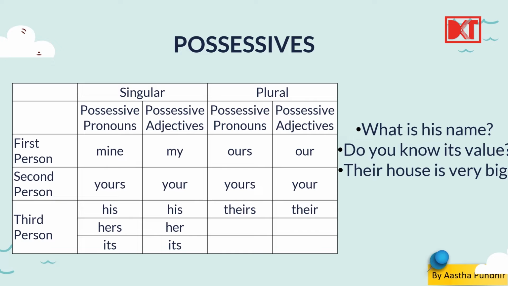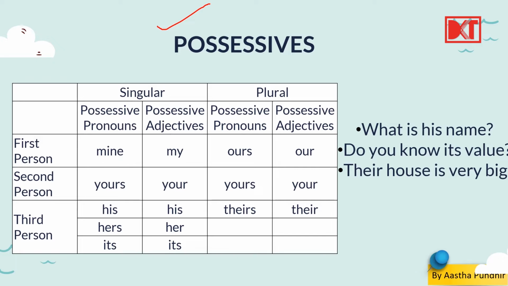So we also have possessives. Possessives like for first person, second person and third person. Possessive pronouns and possessive adjectives. Possessive pronouns like mine, yours, his, hers, its. Possessive adjectives my, your, his, her, its. Here we have plural as well.